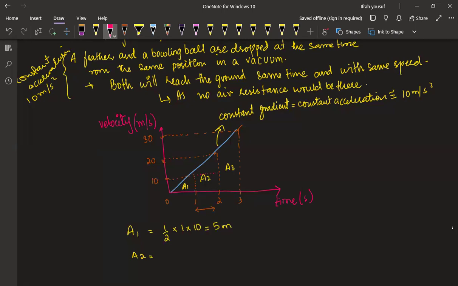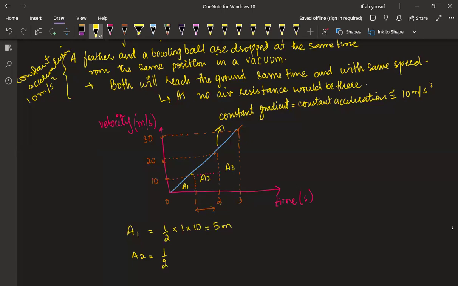To find out the area 2, we can split this in this way. From 1 to 2, the base is 1, right? So there must be half. Are you getting my point?